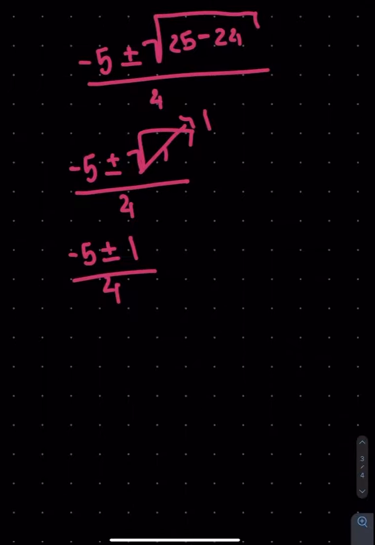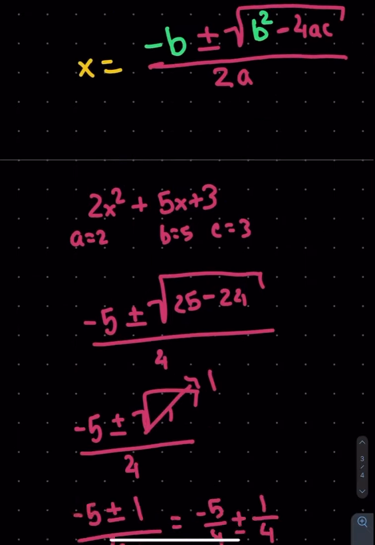And again, this could be split up to negative 5 over 4, right? And then we can either add it or subtract it from 1 over 4. And boom, we are done. So we actually got the roots to this equation right over here.